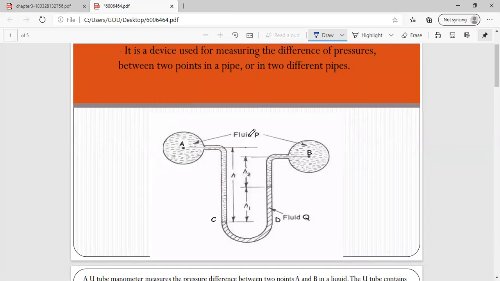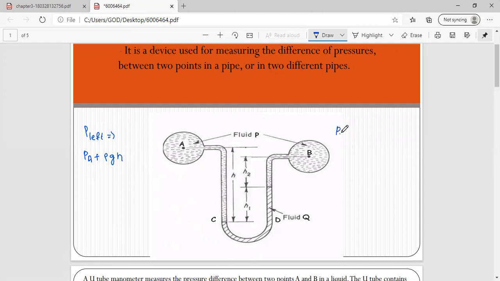Example, this is one pipeline, this is another pipeline. If I am interested to measure the difference of pressures, then I use this. For the benefit of our revision, I'll write the equation. Pressure in the left limb we wrote as PA plus rho g h.